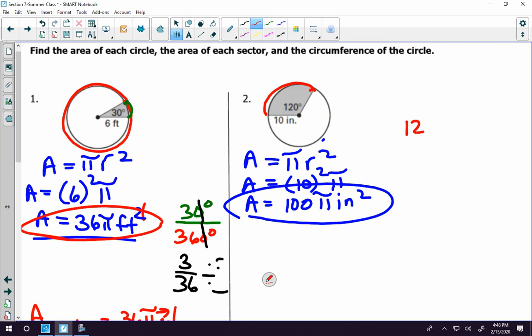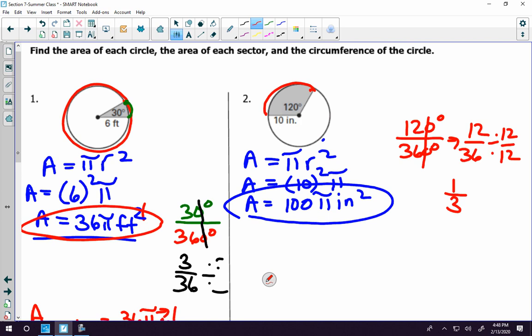The zeros cancel, which leaves us with 12 divided by 36, and both of these are divisible by 12. So 12 divided by 12 is 1, and 36 divided by 12 is 3. So the fractional amount we want to take of 100 pi is a third of that.